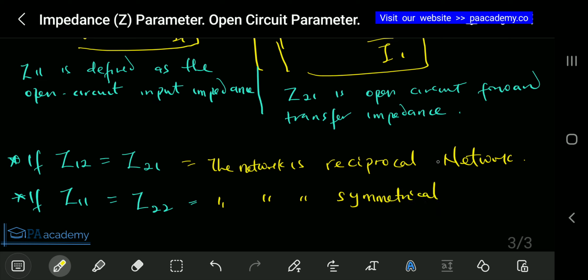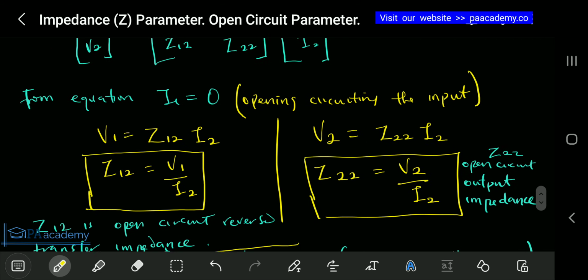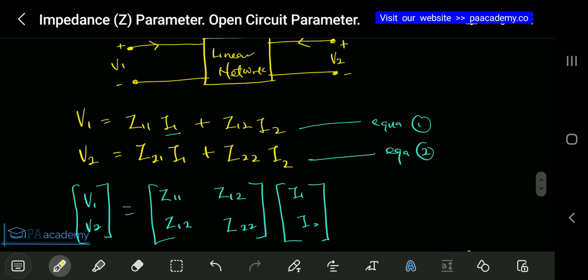Are we good? Because if you come back to this formula, you see all these Z11, Z12, they are actually values for it. Are we good?